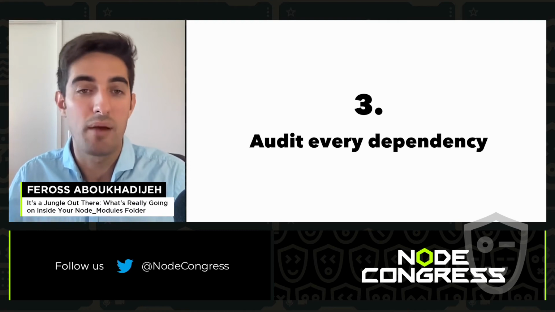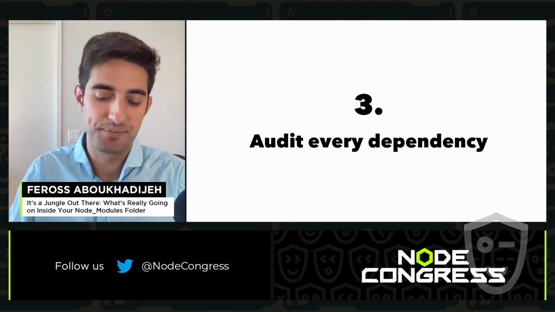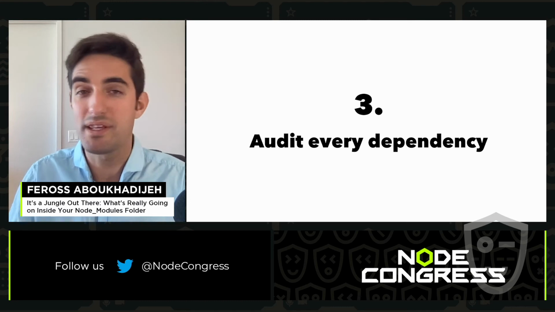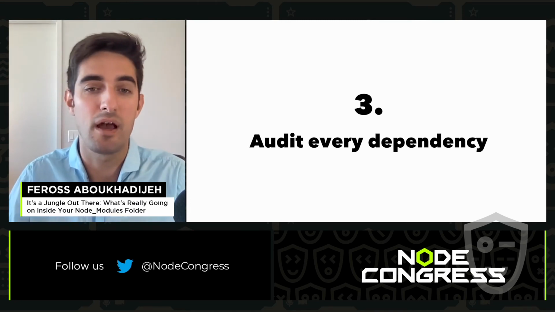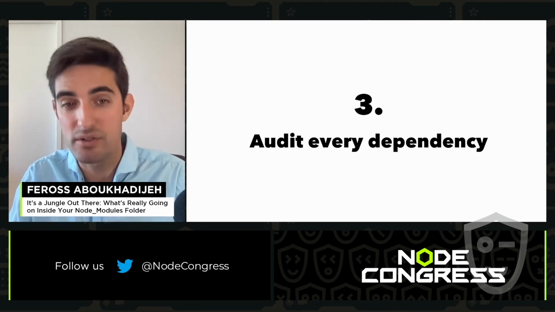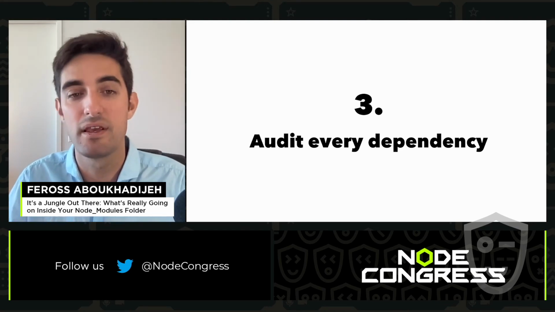Another idea is to audit every dependency. If you're building a truly security critical application, like we were doing with Wormhole, then one option is to literally read every line of code of your dependencies.